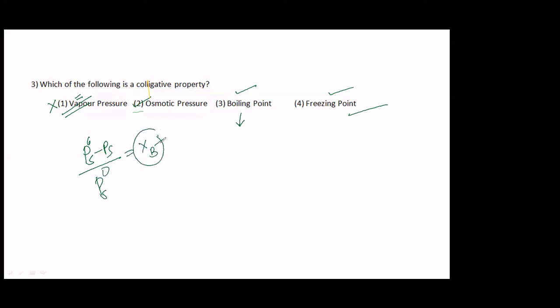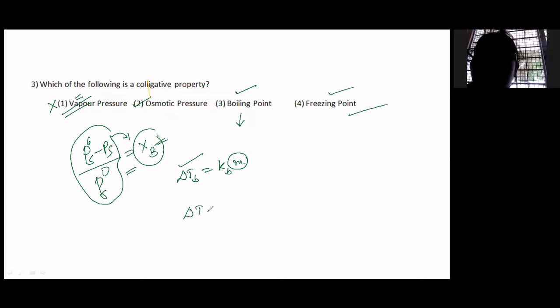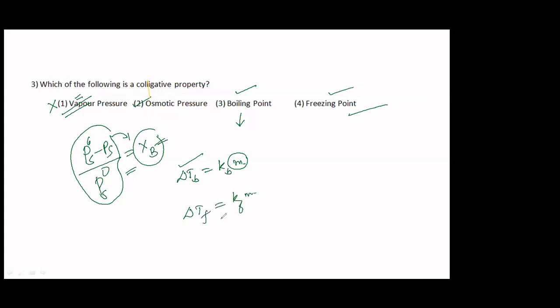This itself depends upon the number of particles, and hence relative lowering of vapor pressure is a colligative property. Relative lowering is the one, not the vapor pressure as such. Delta TB is equal to KB into molality. Molality depends upon the number of particles, therefore this is colligative. Similarly, delta TF is a colligative property, Kf into molality.